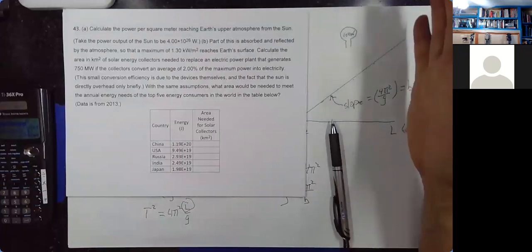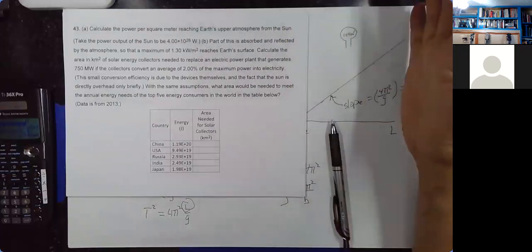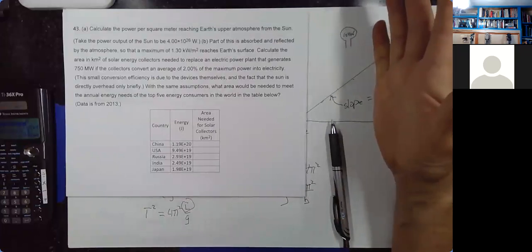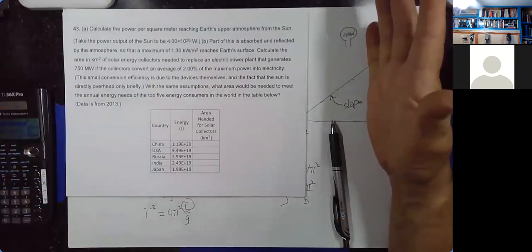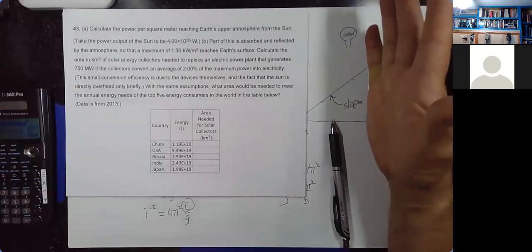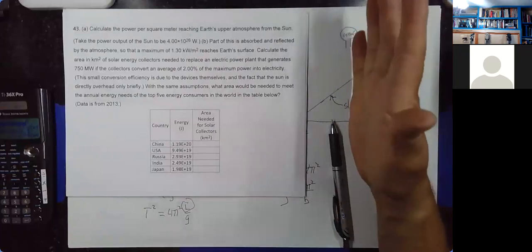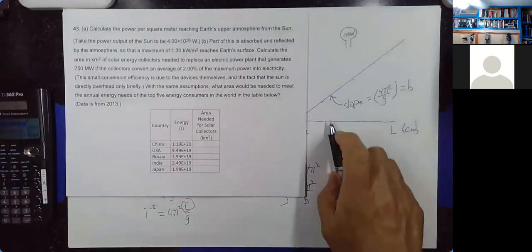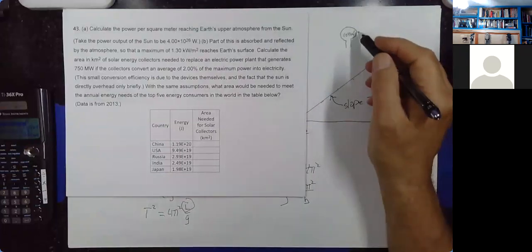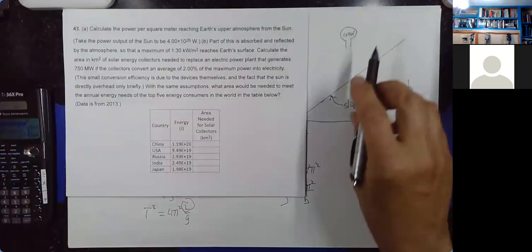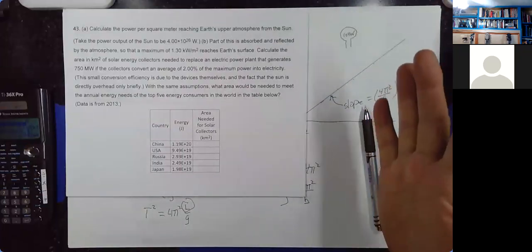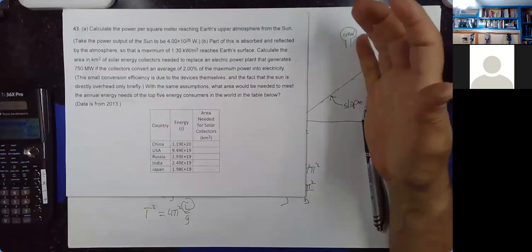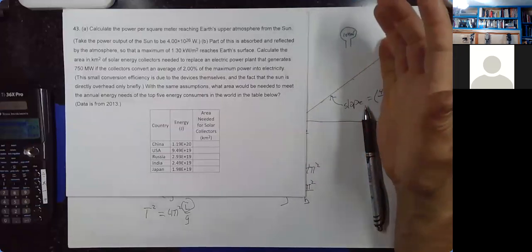I'd have people move their hands closer or farther away from the light bulb until they felt the same amount of warmth that they had outside in the sunlight. The intensity of light that your hand is sensing depends on 1 divided by the square of the distance.